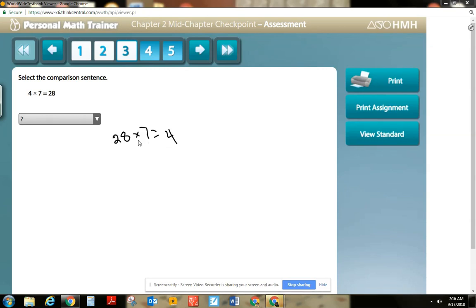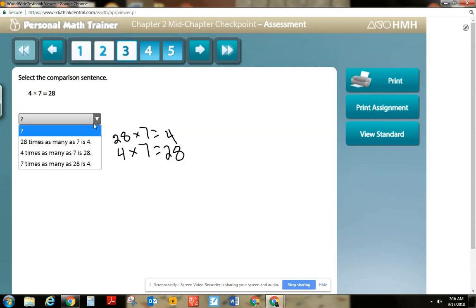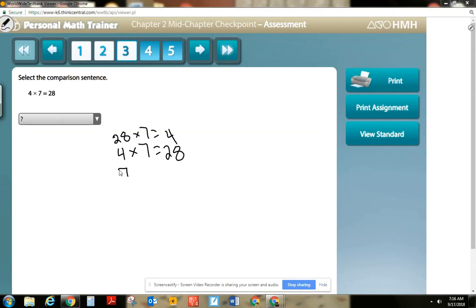That does not seem correct. 4 times as many as 7 is 28. Don't forget that is kind of that equal sign. 7 times as many as 28 is 4. So 7 times 28 is 4. Well, only one of these is correct. This doesn't make any sense. Neither does that. I mean, 7 times 28, that's a huge number. So it must be this one.